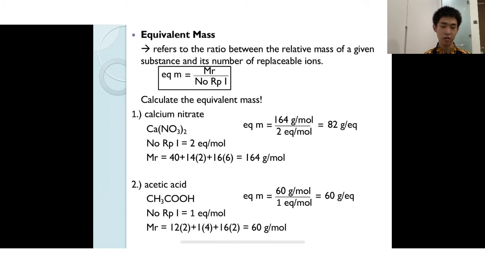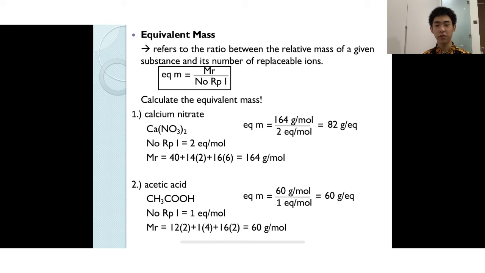So the unit is grams per equivalent. The second example is acetic acid, CH3COOH. The number of replaceable ions is 1 equivalent per mole, and the relative mass is 60 grams per mole. So the equivalent mass is 60 divided by 1 equals 60 grams per equivalent.